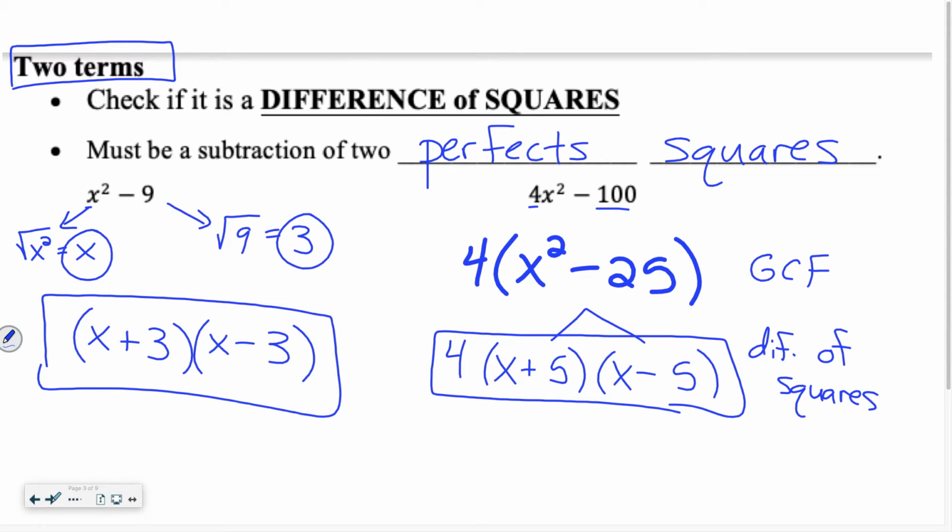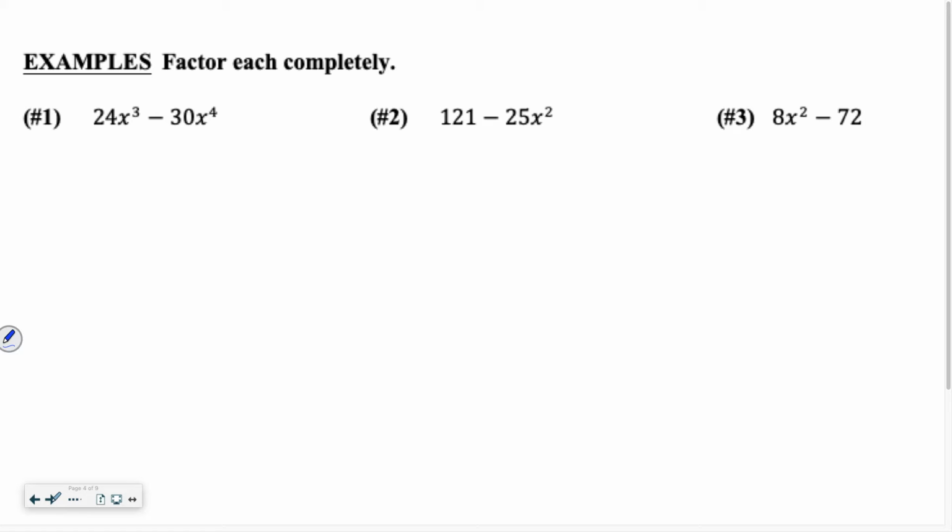Okay, I'll keep moving along. Our next one, we're going to factor this completely. It's going to be either a difference of squares, a GCF, or a combination of both. So number 1, 24 and 30, the biggest number they can both be divided by is 6. So 6 comes out front. And then the most x's we could take away from the first term is x to the third.